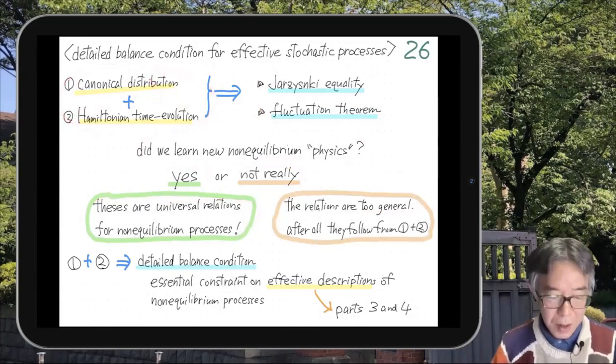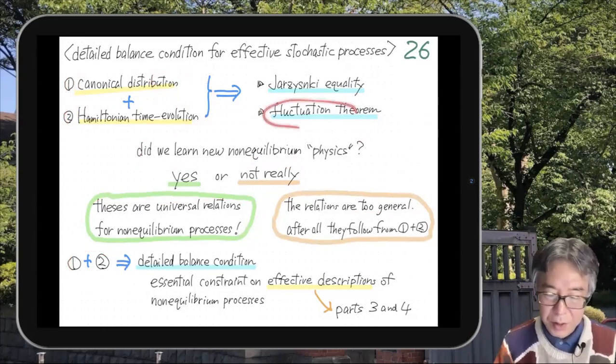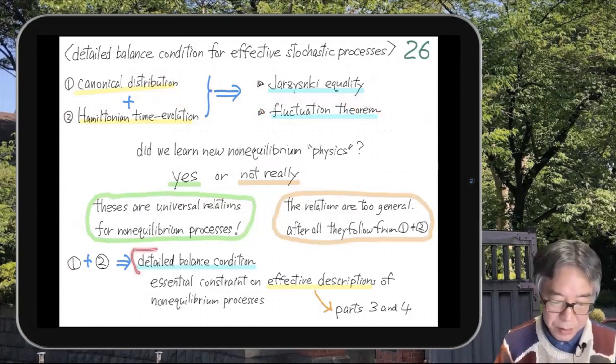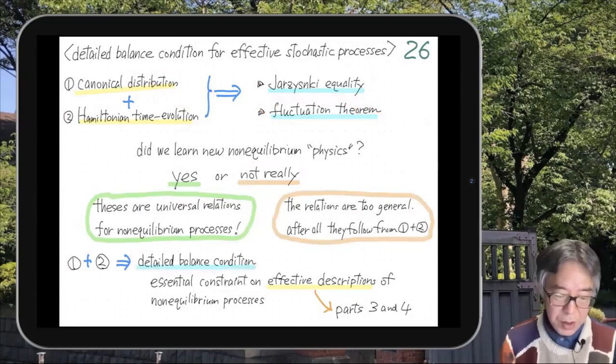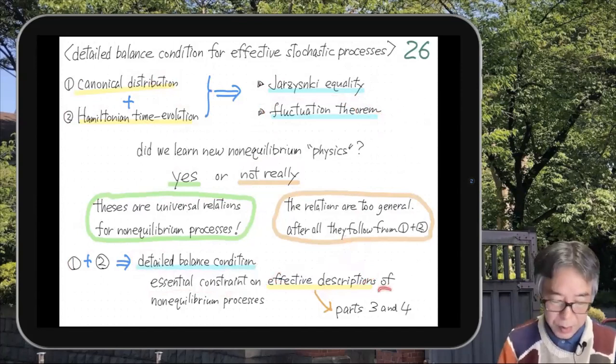So in this final part, we are going to do the following. We start from the same assumption as before and follow almost the same logic as in the fluctuation theorem and derive something called the detailed balance condition. What is this? Well, this is the essential constraint on effective descriptions of non-equilibrium processes in terms of stochastic processes called Markov jump processes.